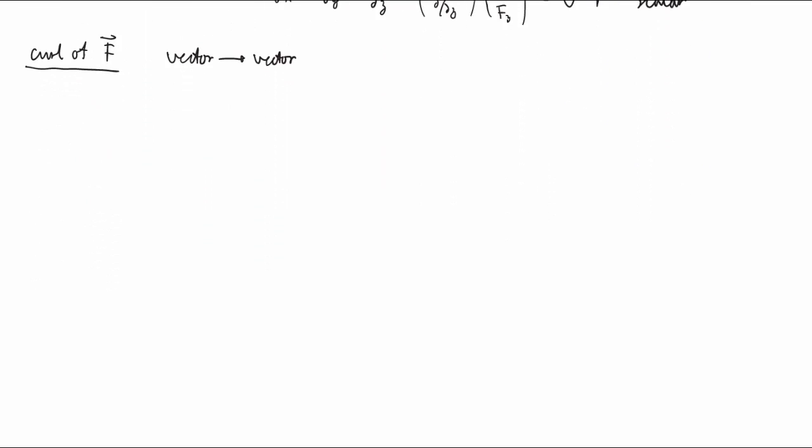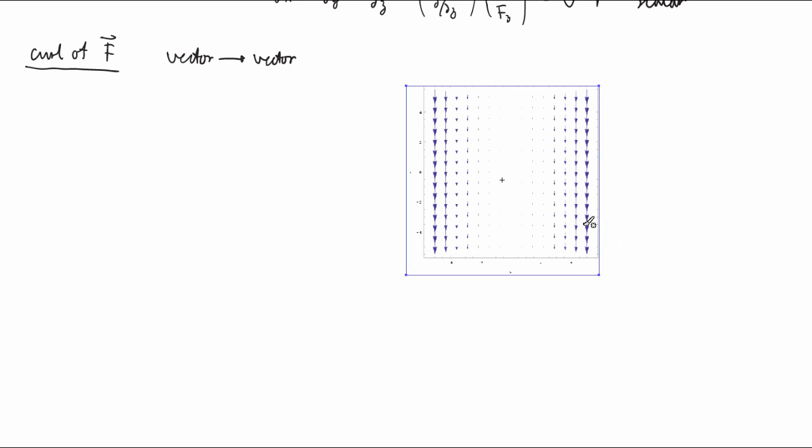The best way to look at a curl, I think, intuitively, is to see it in terms of the effect that a vector field has on a small sphere. Again, interpreting the vector field as a flow of some fluid.